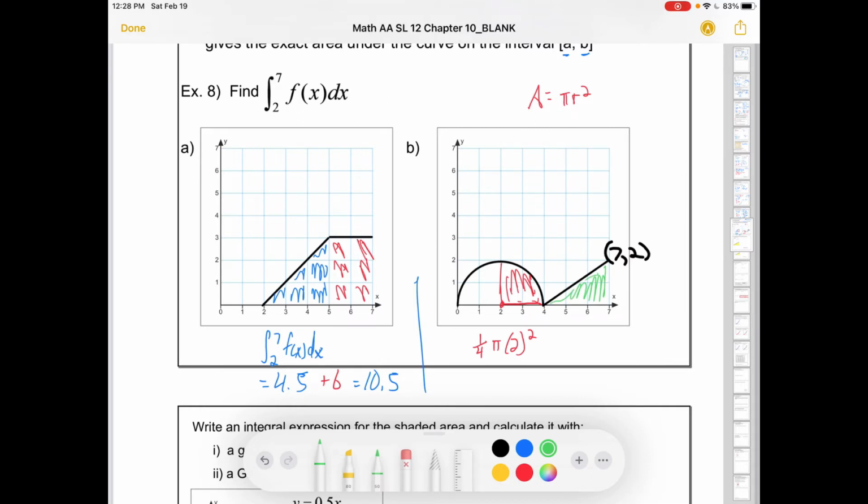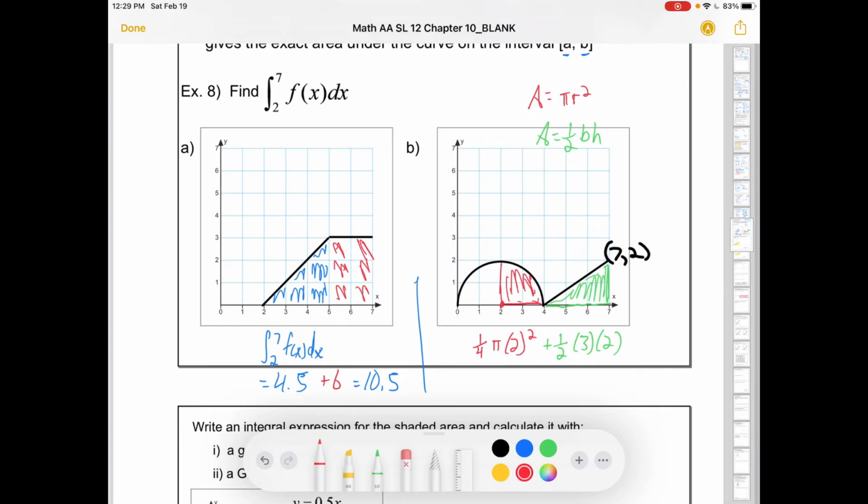Now, a bunch of ways that you can think of this. You could imagine that as half of a 3x2 rectangle, but you'll probably see it as a triangle. Remember, the area of a triangle is half base times height, or base times height over 2 if you prefer. So 3 times 2, okay, because this is 2 tall and 3 wide.